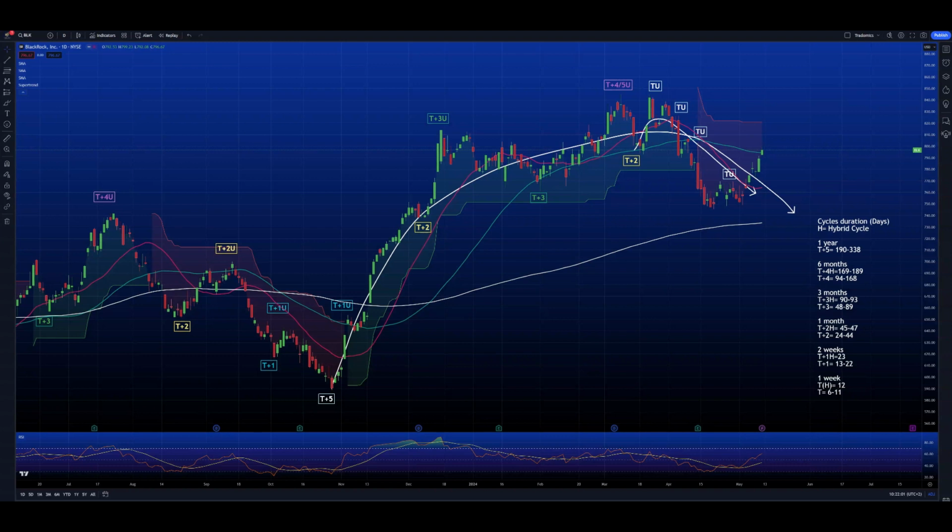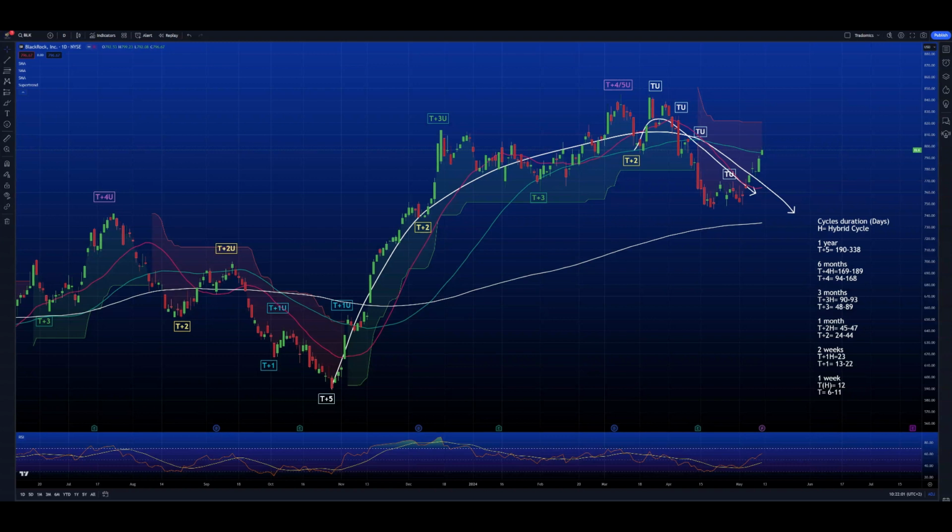The completion of this T plus 3 also allowed the completion of another cycle of 119 bars, which is a T plus 4, because the duration is encompassed between 94 bars and 168.